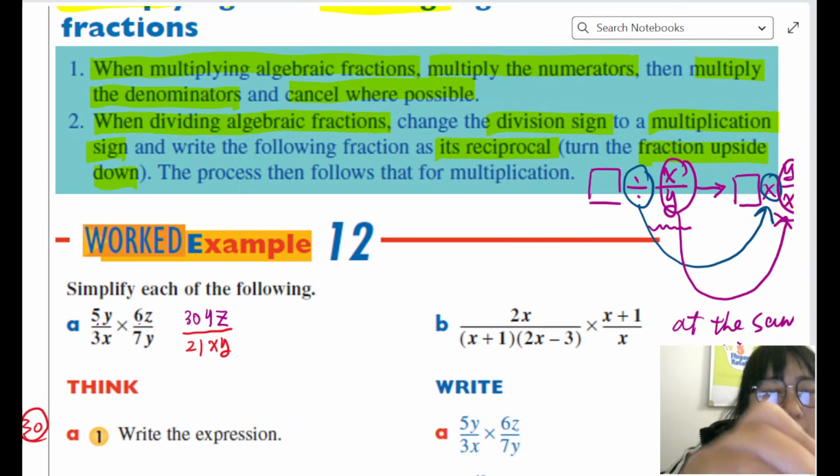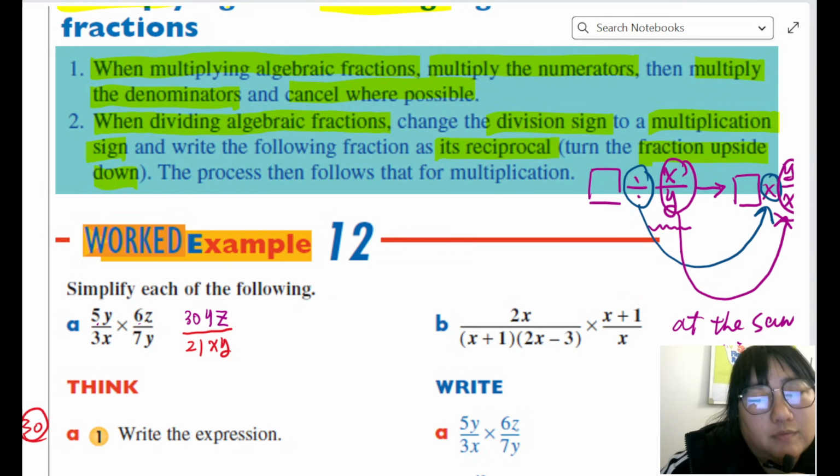Now I will check, can I simplify or cancel? 30 and 21 definitely have the common factor 3. So I can divide by 3 from the top and divide by 3 at the bottom. 30 divided by 3 changes to 10, and 21 divided by 3 changes to 7. Then I will double check the letter part.